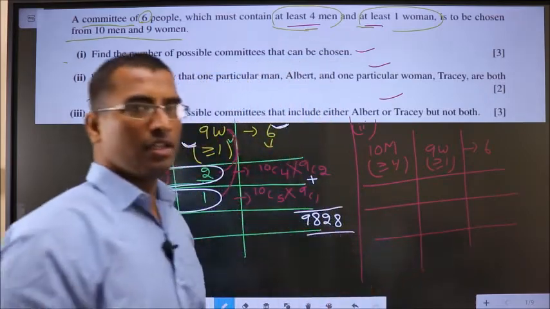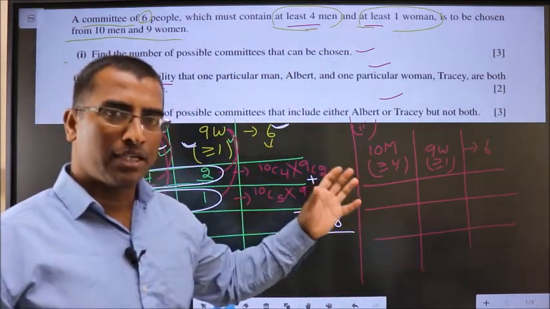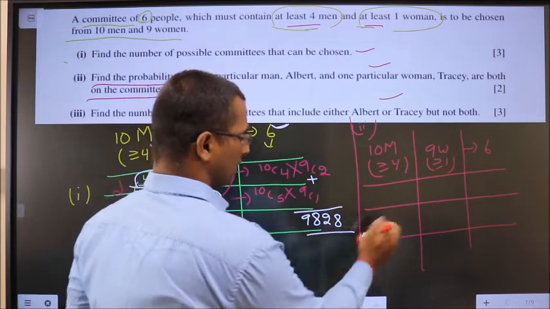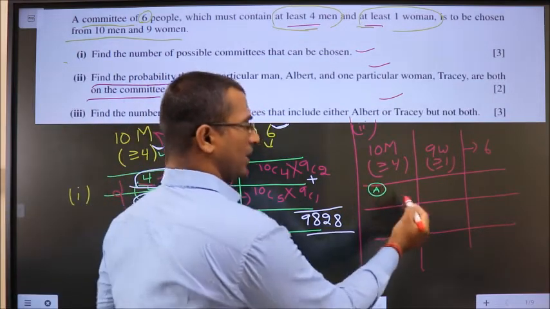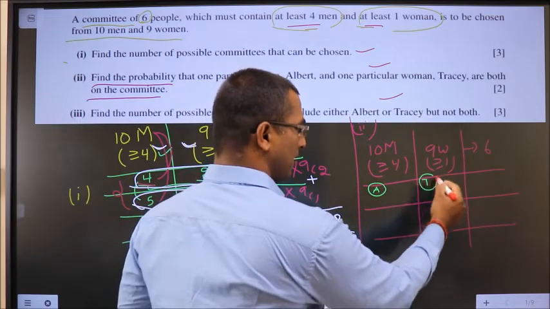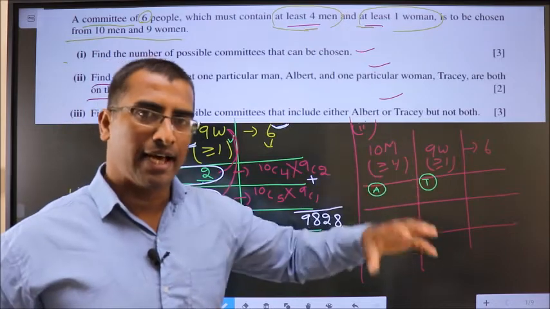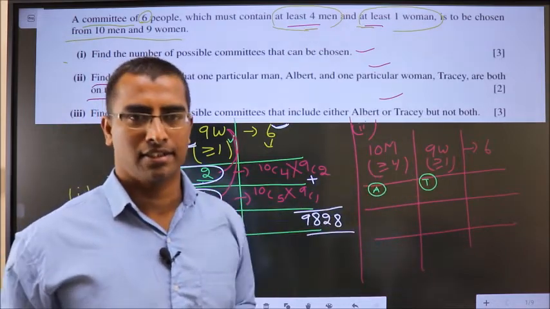Now, step 1, Albert should be selected. So, let us say Albert is selected. Same way Tracy should be present in your selection. That can only happen if you select her and place in your selection.